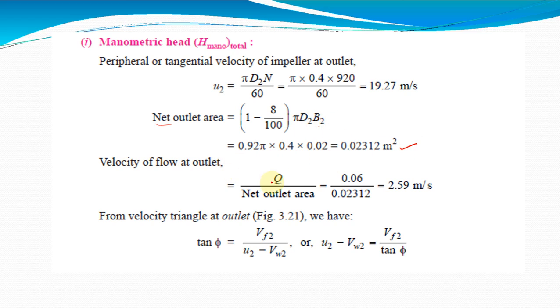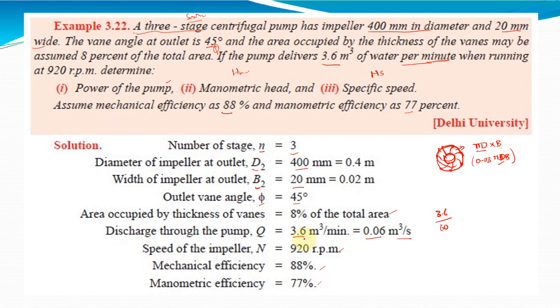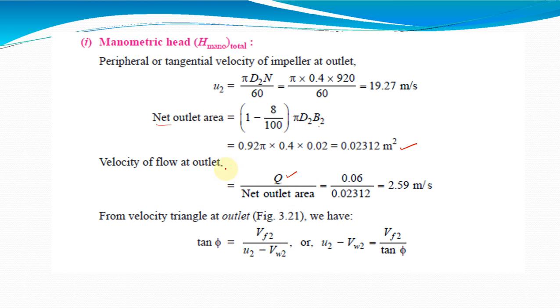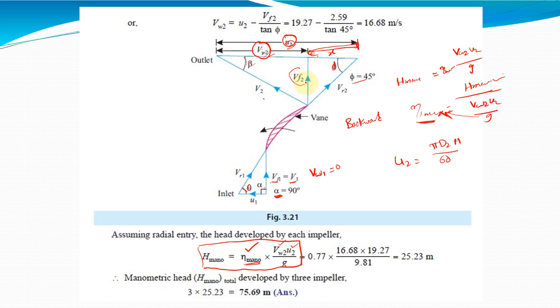We have the discharge given, that is 3.6 meter cube per minute, that is 0.06 meter cube per second. So the outlet velocity will be 2.59 meter per second, that is VF2, the velocity of flow at the outlet. This is the procedure: if you know the discharge and the outlet area, you will get the radial velocity of flow at the outlet, that is VF2.